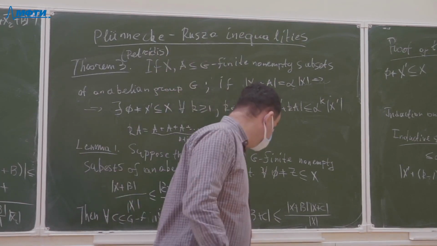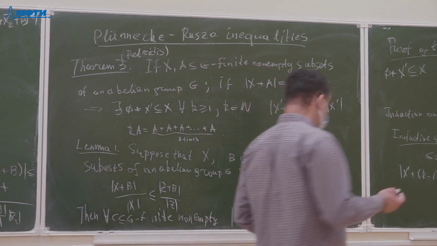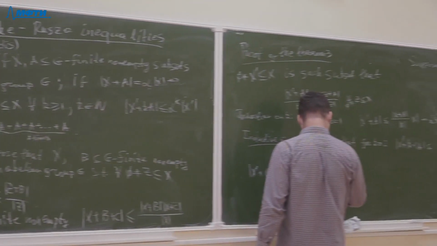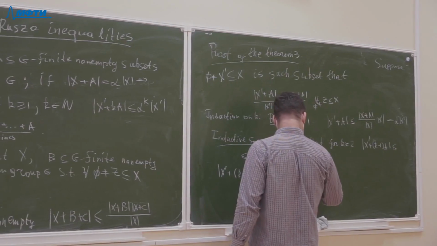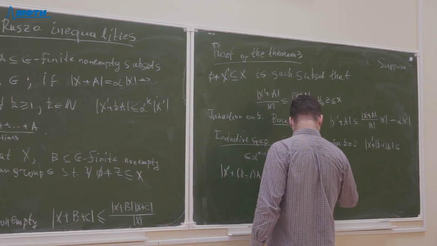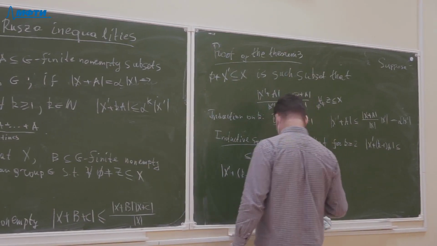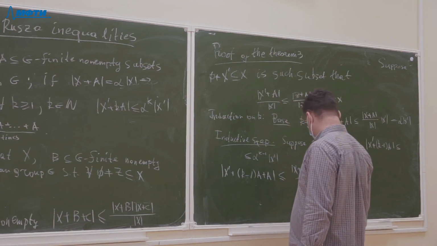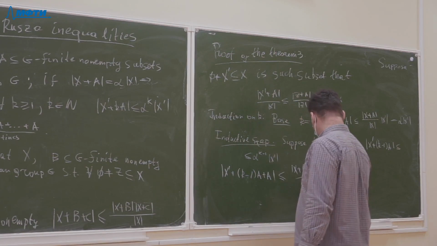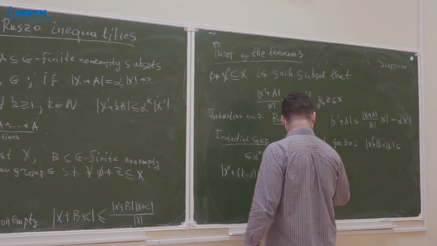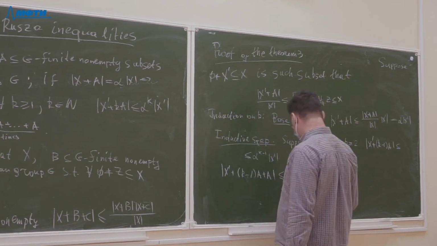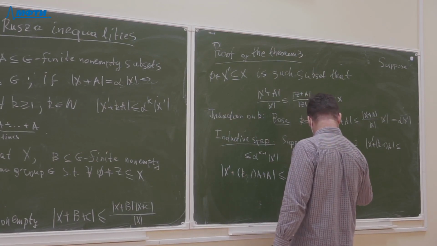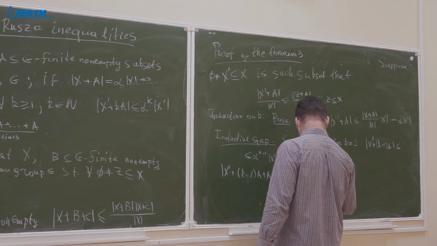So we can use lemma 1, and it says that this is at most x plus (k minus 1)a by x plus a by x. But, sorry, (k minus 1)a. This is x prime, this is x prime, and this is also x prime.